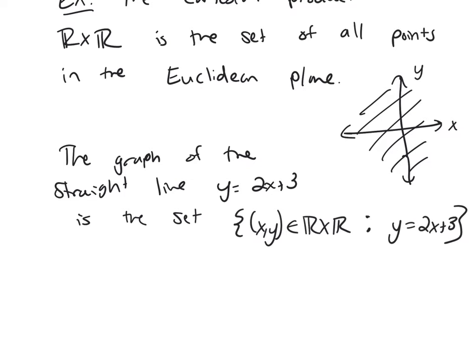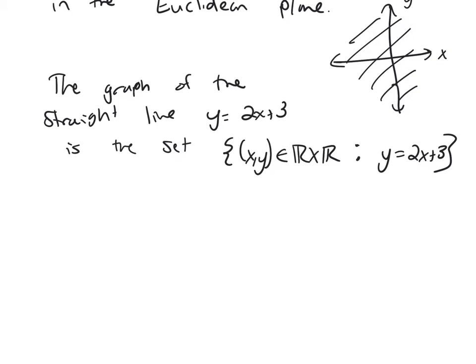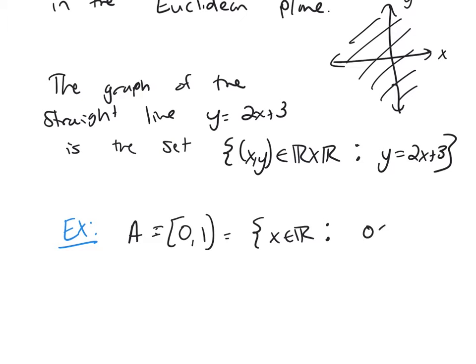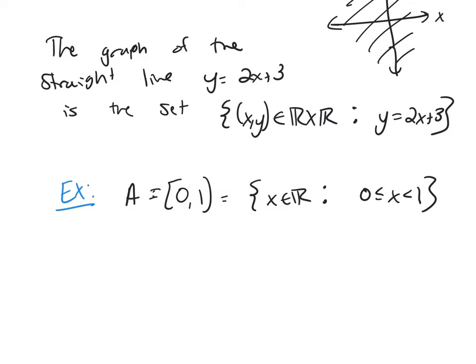So now I want to look at taking some intervals for my set. Let's say A is going to be the interval 0 to 1. So just remember that this is the set of all x in R, where x is between 0 and 1, but it could be equal to 0, not equal to 1.